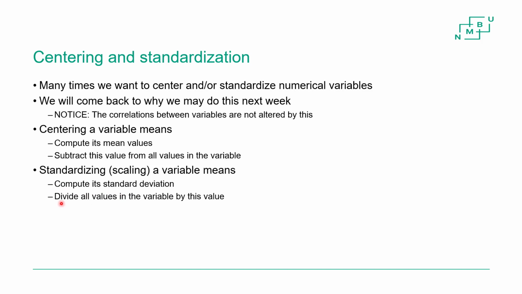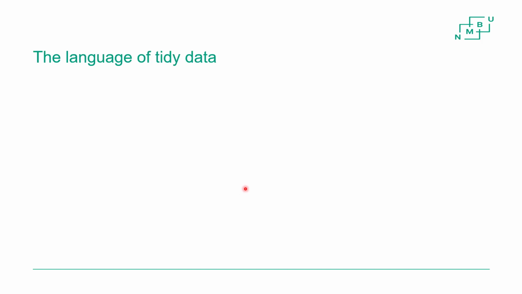And this results in the standard deviation of that column being 1 after you have done this. So the centering means the mean value becomes 0. The standardization means the standard deviation becomes 1. We will see how we can do this shortly in RStudio.